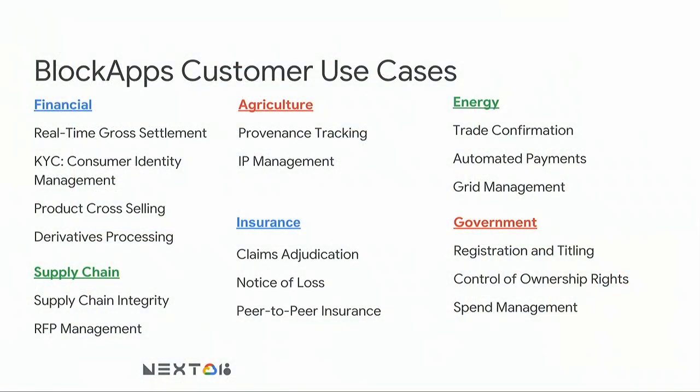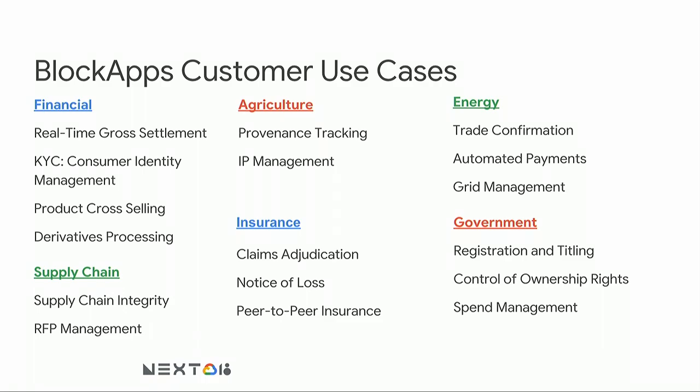So let's talk through a few use cases that are actually deployed in production across a variety of our customers. Obviously, there's a lot of blockchain adoption in financial services. So that is where we see a tremendous amount of our business and have designed our platform around a number of the requirements. Use cases like real-time gross settlement.